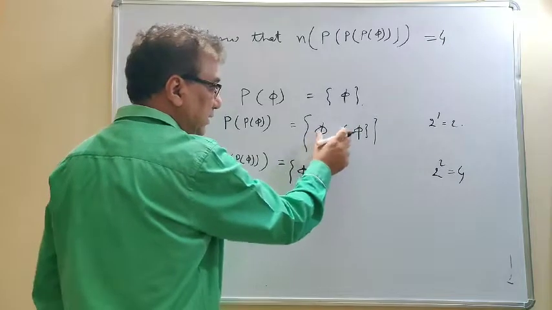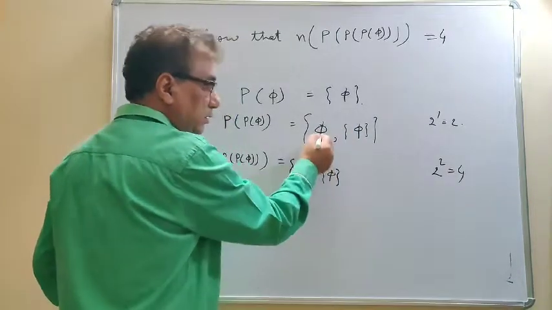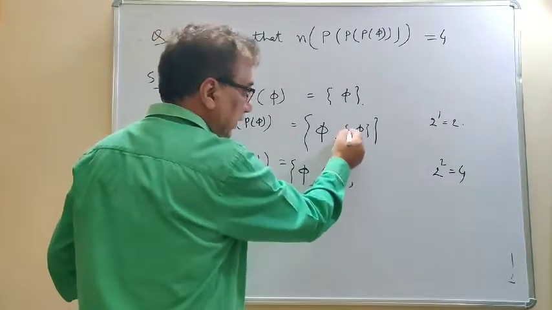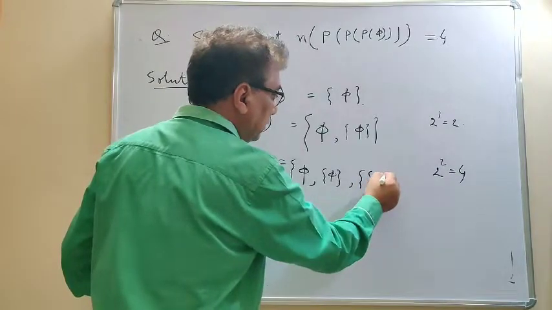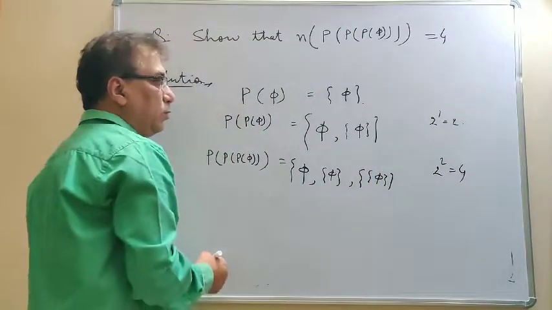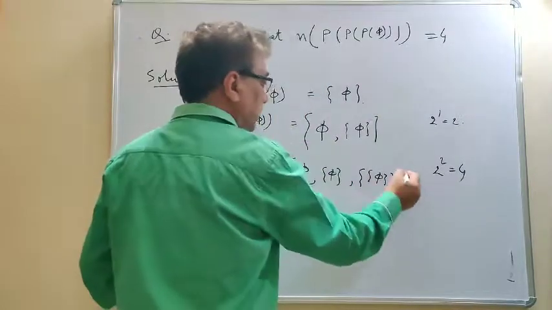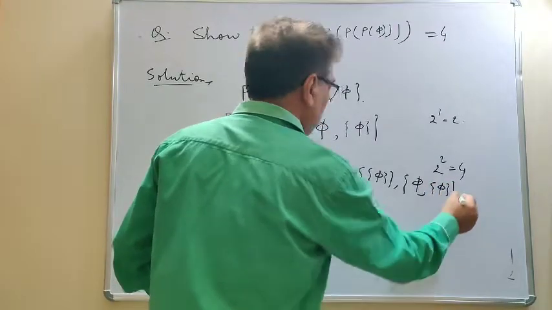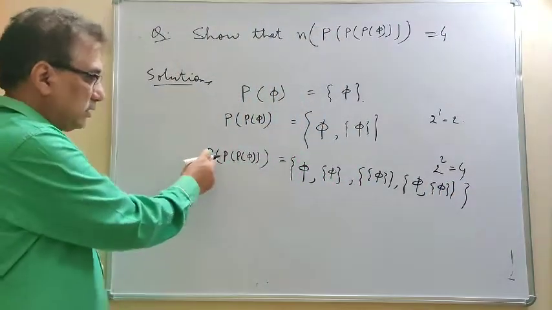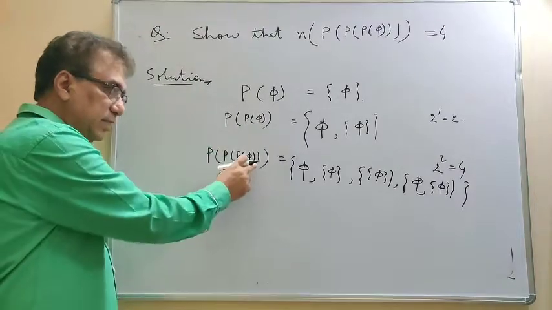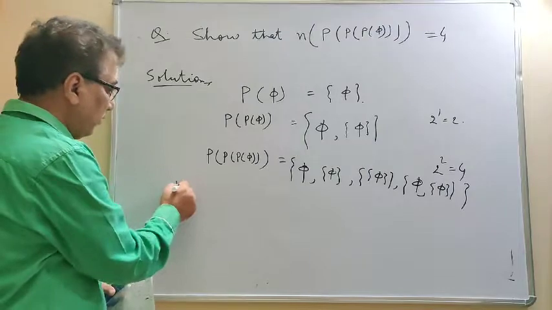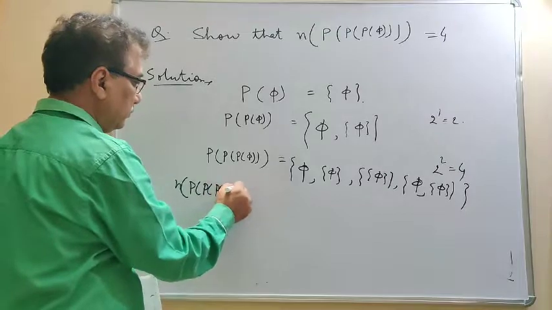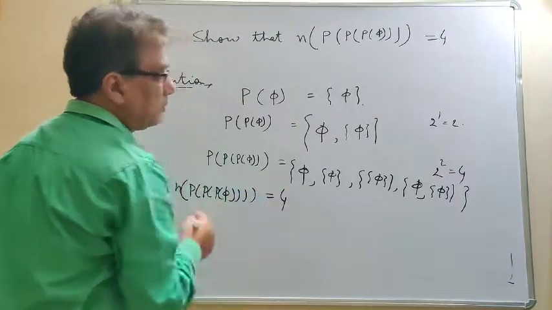Then we have to write singleton sets. So this is a singleton set, because we have to write the element within curly bracket to make it a set. Then again this element again within curly bracket. And then the set as a whole. Okay, so this is the power set of this set. It has 4 elements. So this is the result.